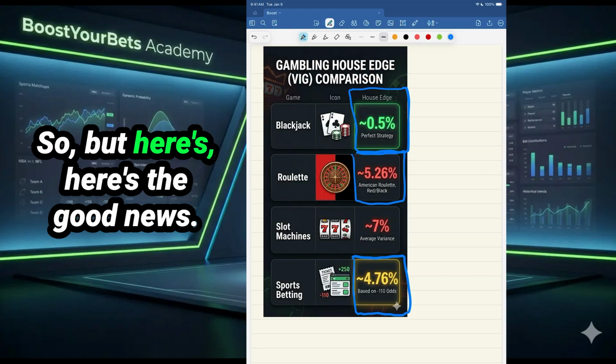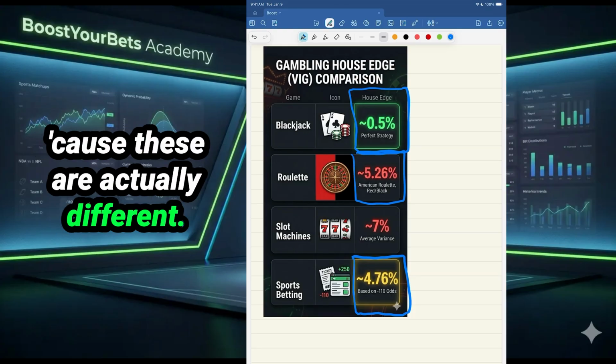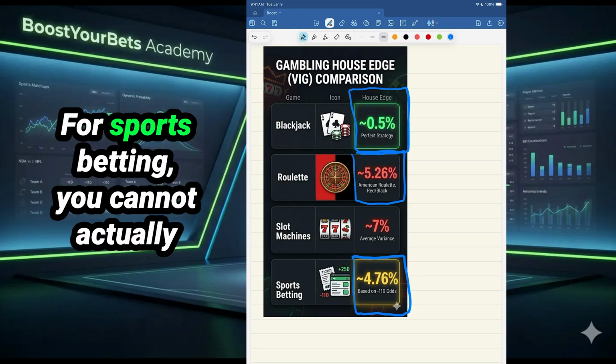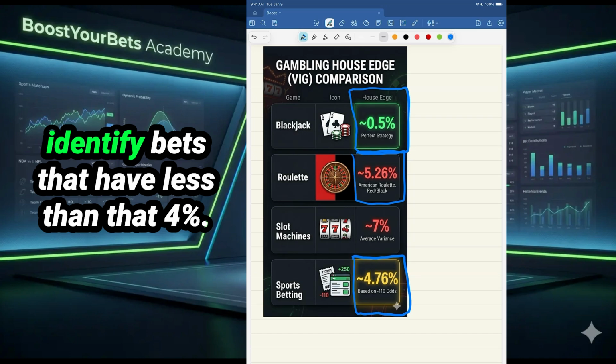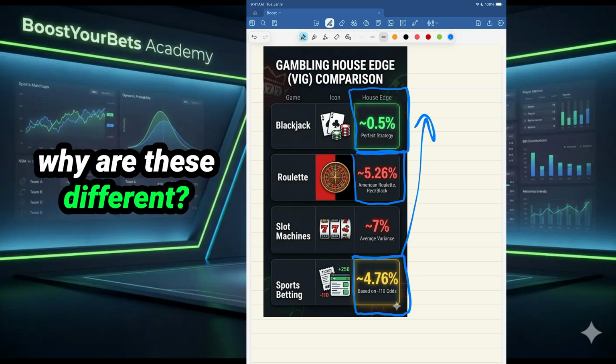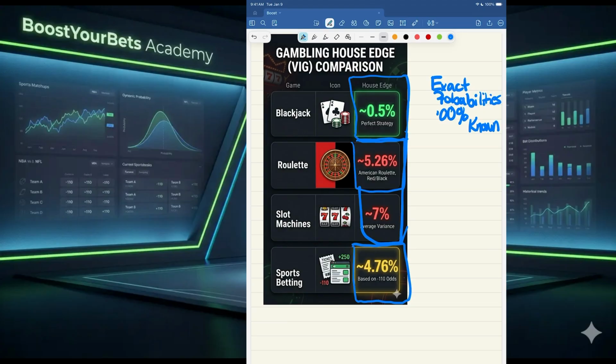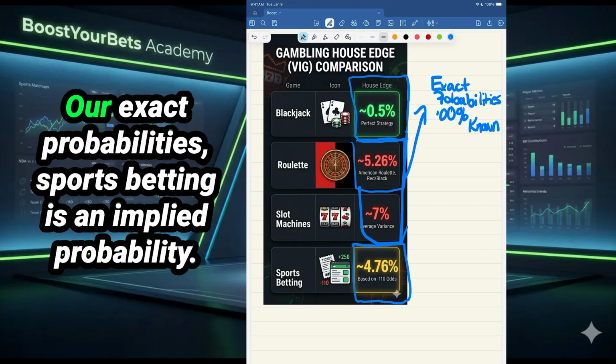But here's the good news, because these are actually different. For sports betting, you can actually identify bets that have less than that 4% edge. Why are these different? These three are exact probabilities. Sports betting is an implied probability.